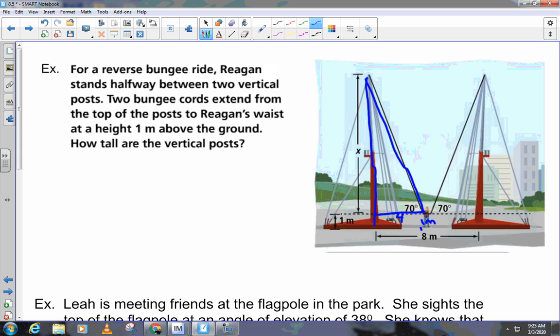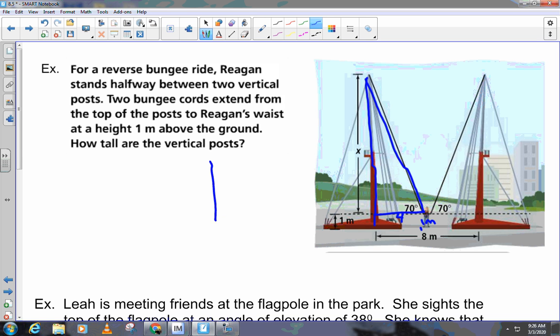Okay? All right. And so I need to figure out how tall this pole is. But once I figure it out, I can use this triangle, and I can find this distance. But if I want to find out truly how tall they are, what am I going to have to do at the end? Because this is tied to her waist, which is 1 meter above the ground. Add a meter, right? Okay.